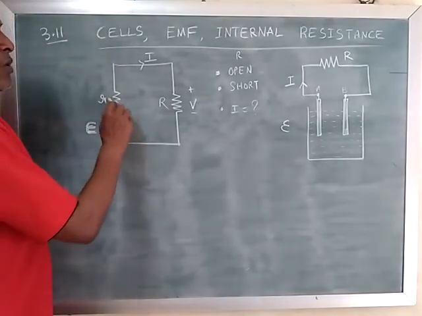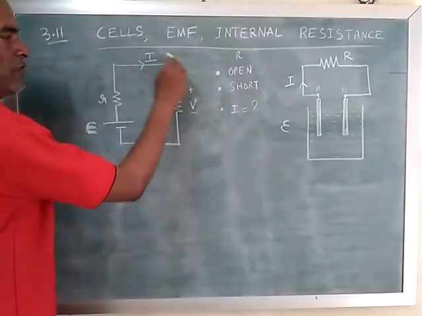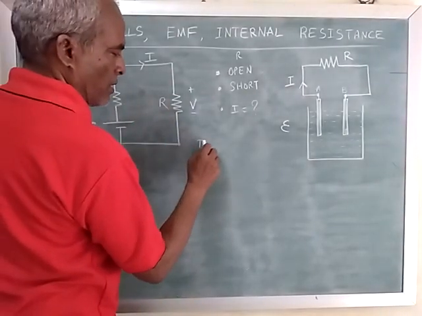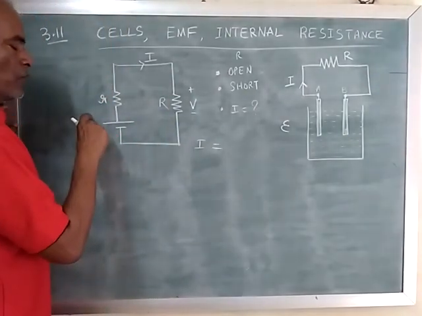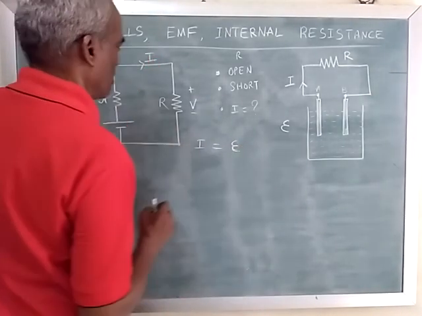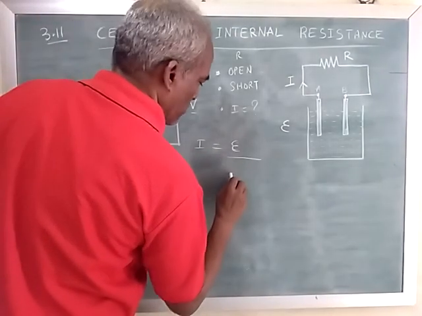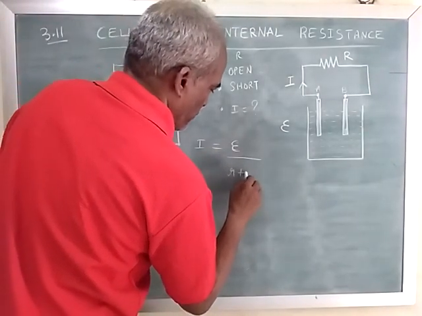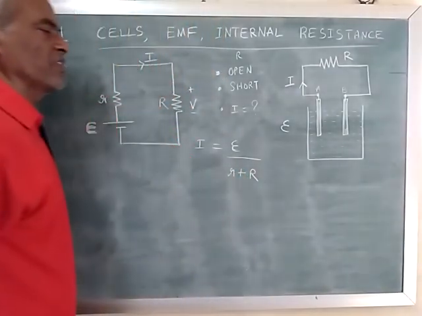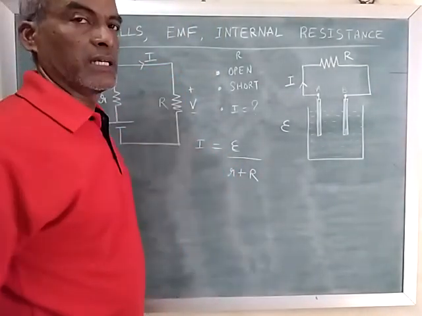Okay. Now suppose we have connected a resistance R, the current flowing in the circuit is I. This is the potential E divided by the total resistance. What is total resistance? R plus r. This is the current flowing in the circuit provided R is connected.